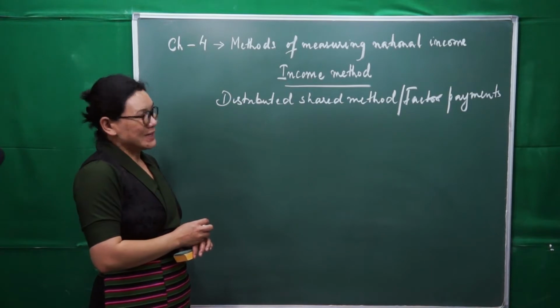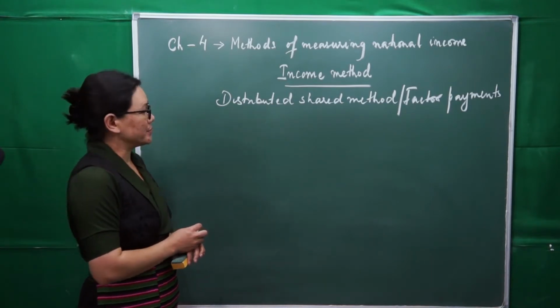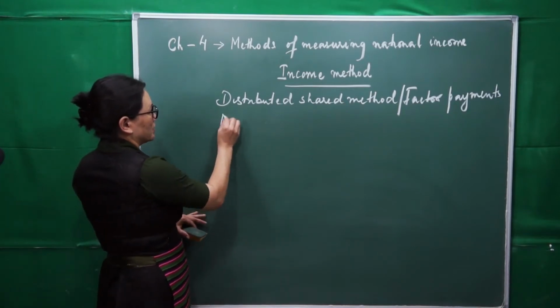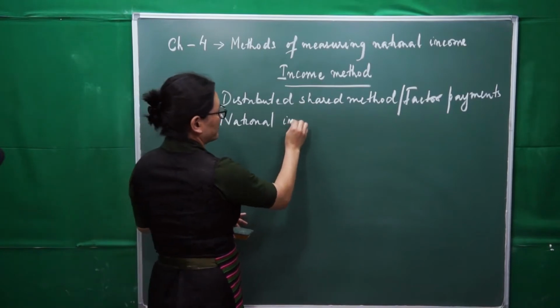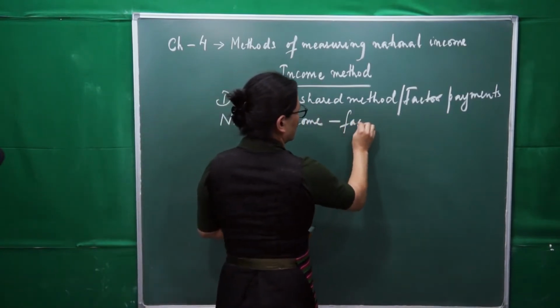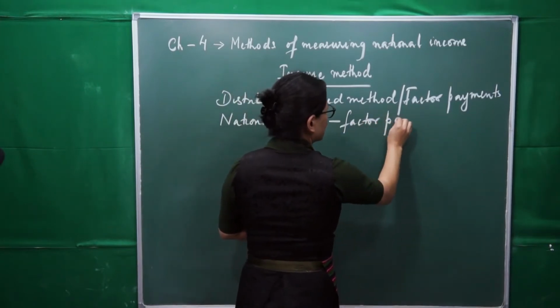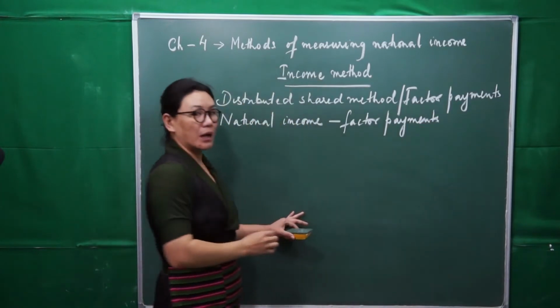Now, in this method, we have to measure national income in terms of factor payments during an accounting year.